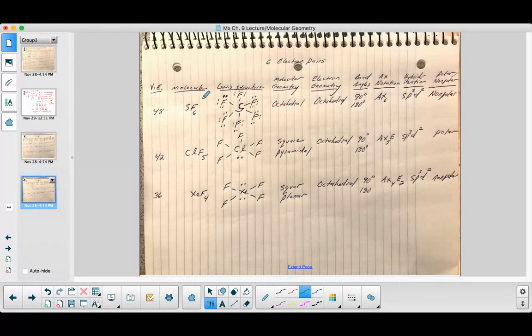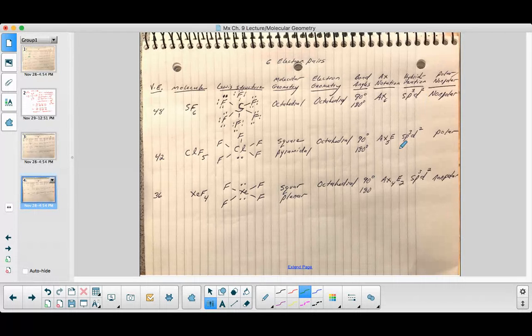I go through and show you the Lewis structure and identify molecular and electron geometry. This one is an AX6 notation. Now for the hybridization, I need to show 6 spots: 1 for the s, 3 for the p, 2 for the d. That would open up 6 spots for bonding.